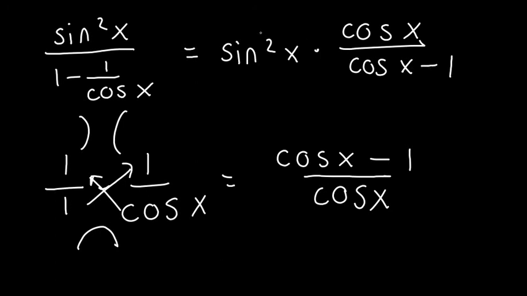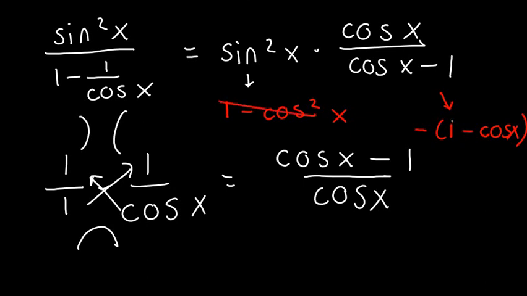Now we can see that sine squared x, by the Pythagorean identity, is equal to 1 minus cosine squared x. And this is equal to the negative value of 1 minus cosine x, which is a factor of this.